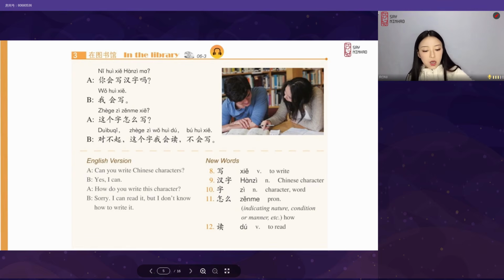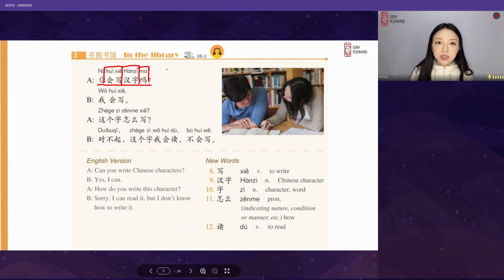The first sentence is 你会写汉字吗？The 会 structure appeared again, which means can do something. 会写, can write. 会写汉字, can write Chinese characters, and 吗 means this is a question. Can you write Chinese characters? And B said 我会写, I can write.